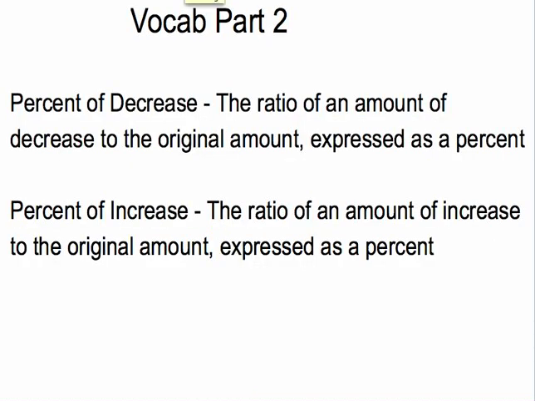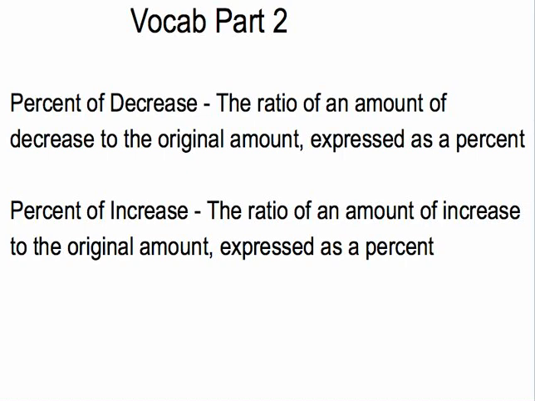A percent of decrease is the ratio of an amount of decrease to the original amount expressed as a percent, and a percent of increase is the ratio of the amount of increase to the original amount expressed as a percent. Now, your book looks at amounts of change and percents of change as all being positive.